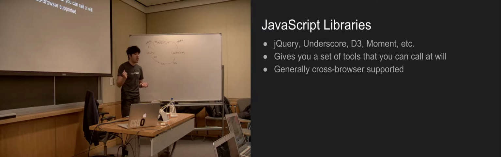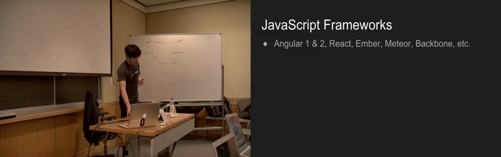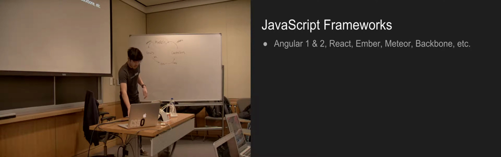The nice thing about them is they're generally cross-browser supported. They can make code easier to read. And they can speed up development if you're handy with that library. Frameworks, some examples are Angular 1, Angular 2, React, Ember, Meteor, Backbone. Lots of very popular JavaScript frameworks.